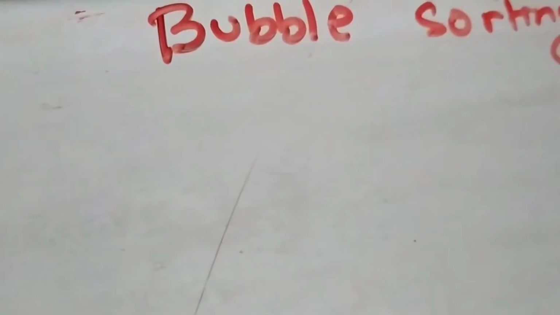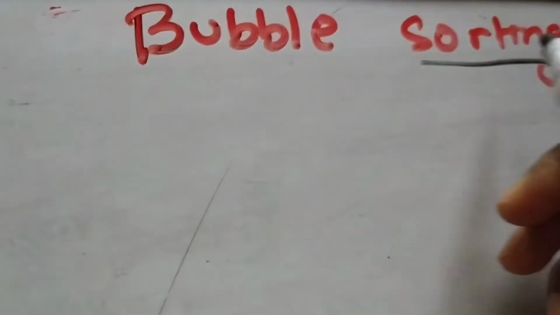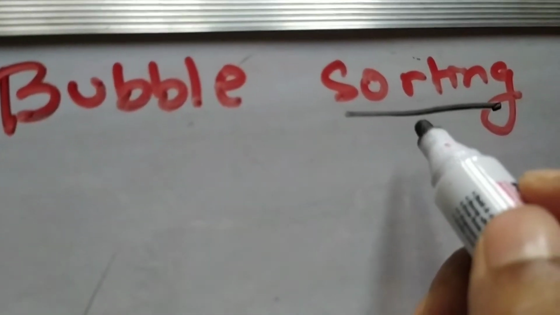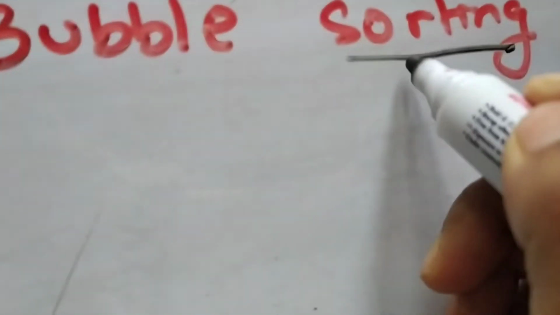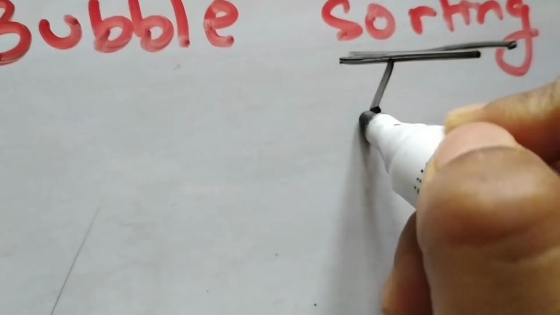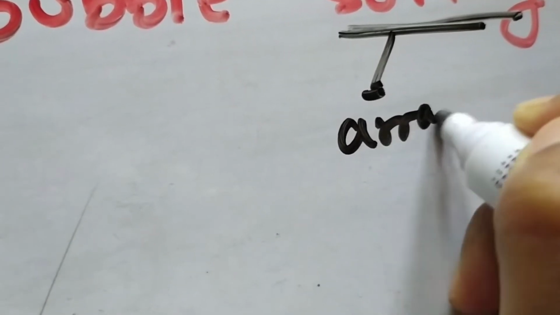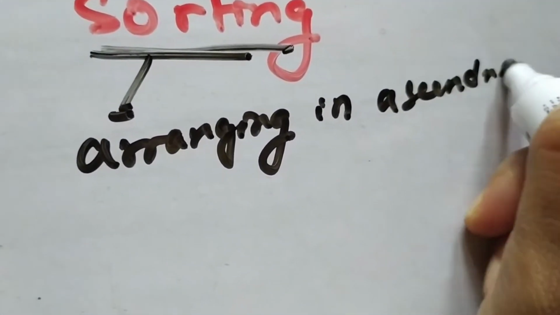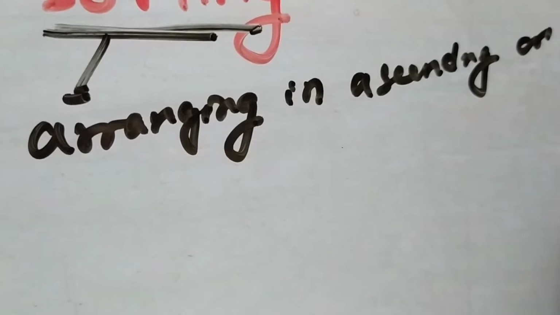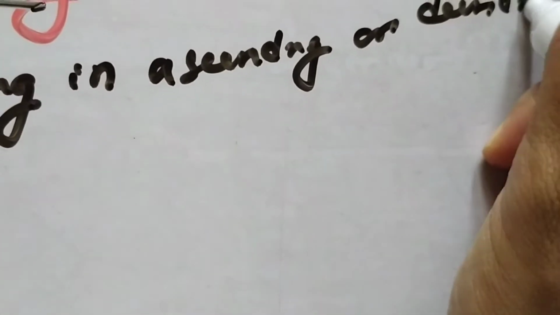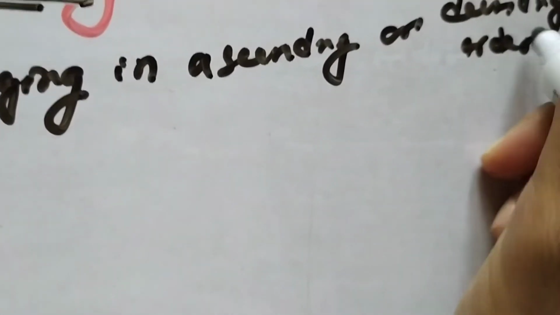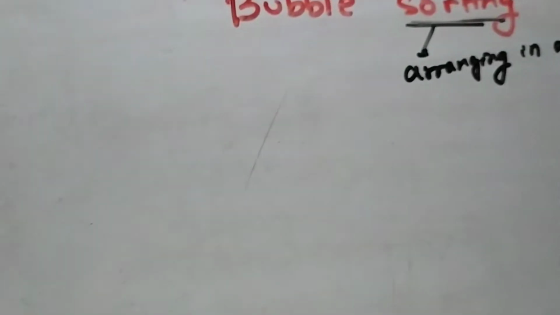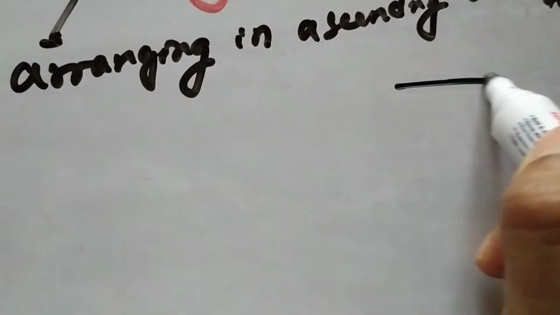The term sorting means arranging values in ascending or descending order. Okay, suppose this is an array.